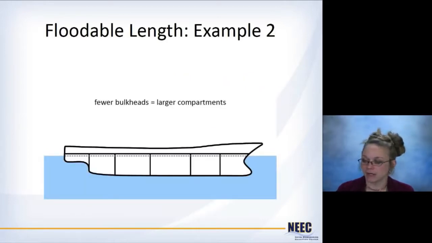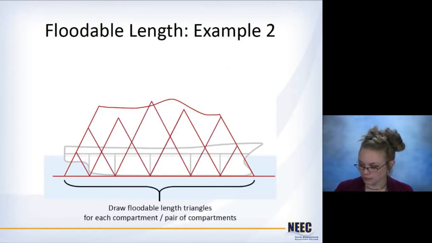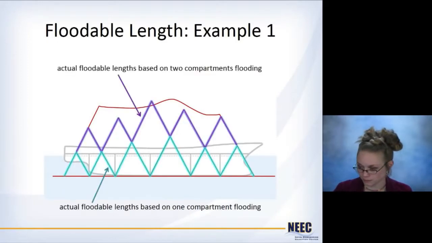Here's another example. Same ship, but now we have fewer bulkheads, so we have larger compartments. We'll overlay it with its floodable length curve here, this different permeability. We take it, again, draw the floodable length triangles for each compartment and pair of compartments, but now we have fewer bulkheads, we have larger spaces, and so the triangles are correspondingly larger.